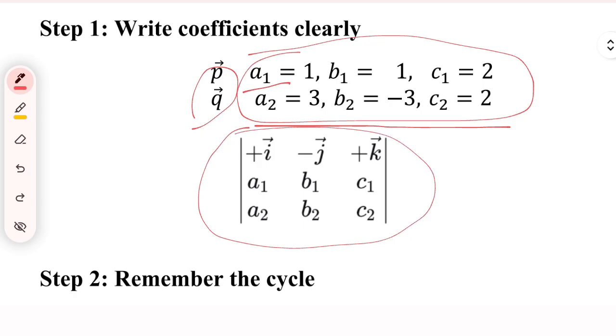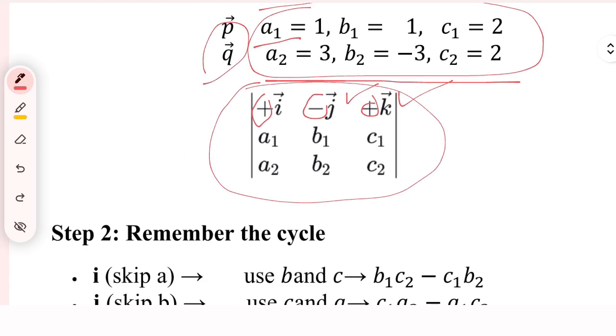We have the first column for I, the second column for J, and the third column for K. But I want you to remember the rule for the determinant: once we expand it, the first column should be positive, the second negative, and the third positive. So it will be plus, minus, plus. So I is plus, minus J, plus K. That's our sign convention.